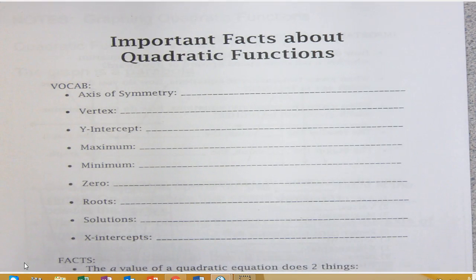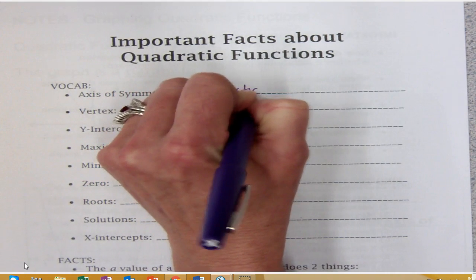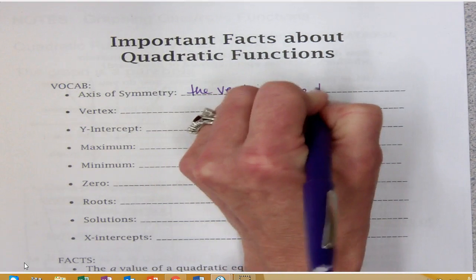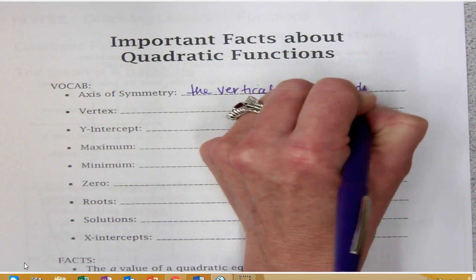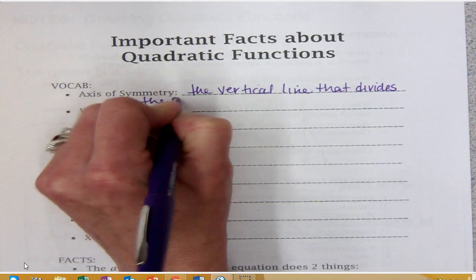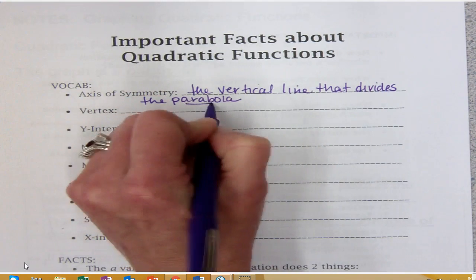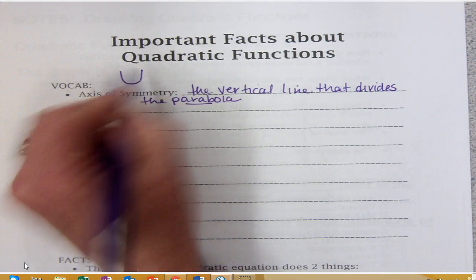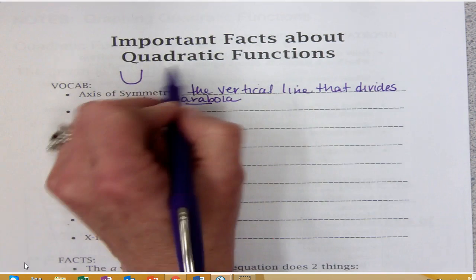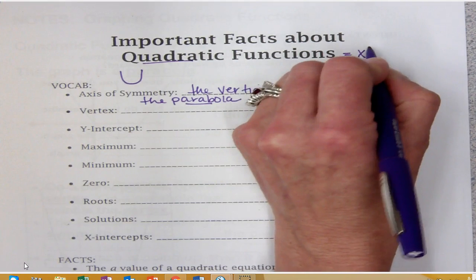Axis of symmetry. This is the vertical line that divides the parabola. And basically the parabola is just the shape, the U-shape that's formed by quadratic functions. And quadratic functions are basically where you have an x squared.